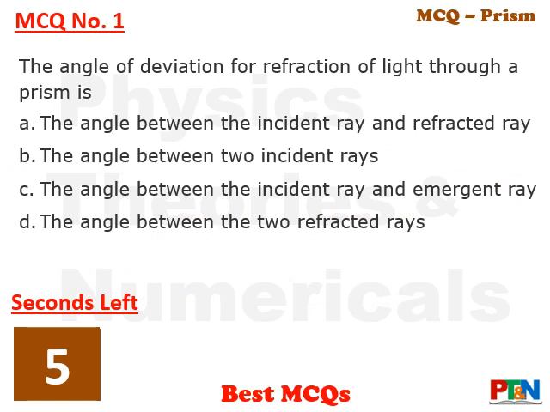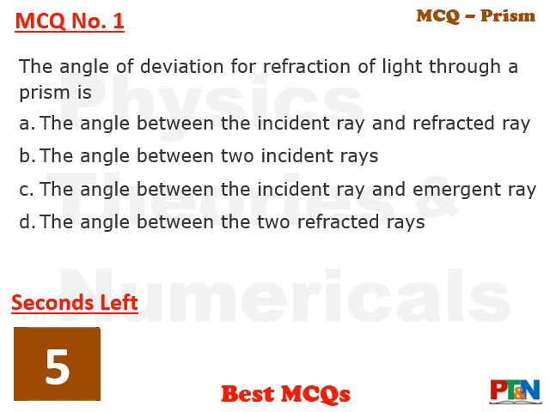The first MCQ. The angle of deviation for refraction of light through a prism is: option A, the angle between the incident ray and refracted ray; B, the angle between two incident rays; C, the angle between incident ray and emergent ray; D, the angle between two refracted rays.